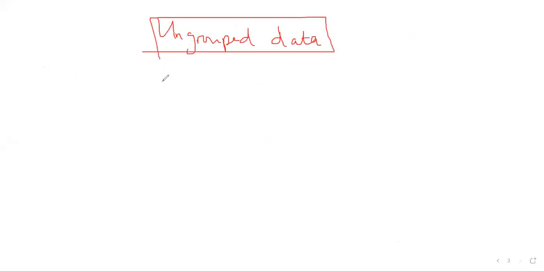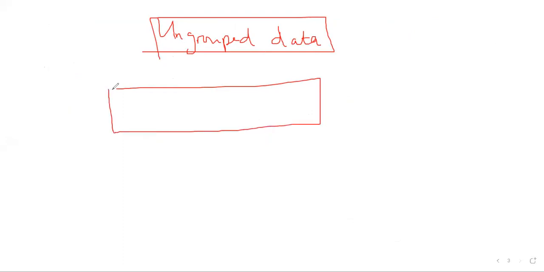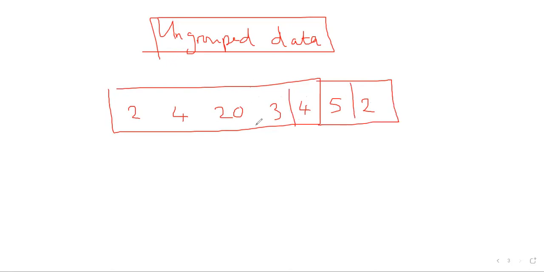We talked about ungrouped data as data that is not put into groups or clusters. So we have 2, 4, 20, 3, 4, 5, 2. So this data that we have there is ungrouped.